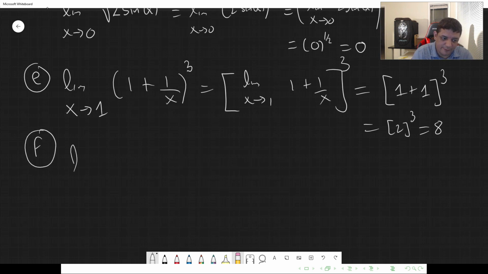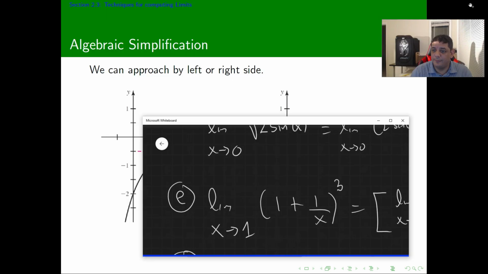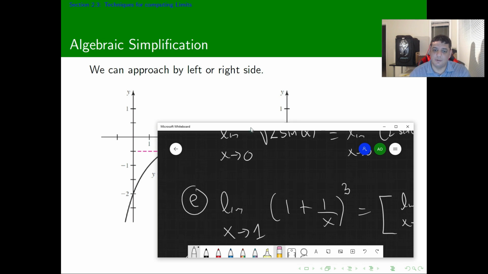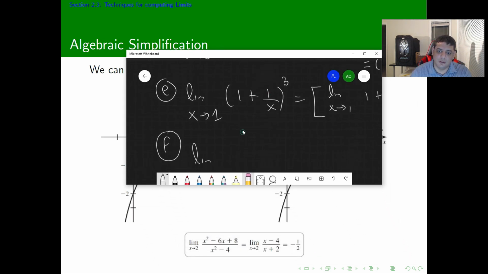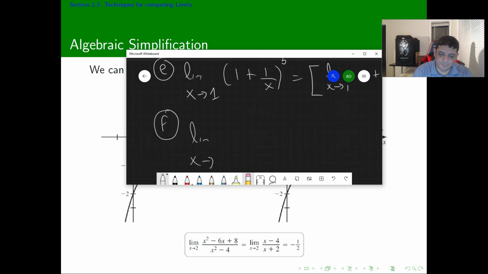So now, this is going to be the limit when x goes to 2 of x squared minus 6x plus 8 over x squared minus 4.